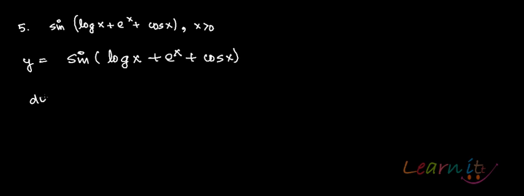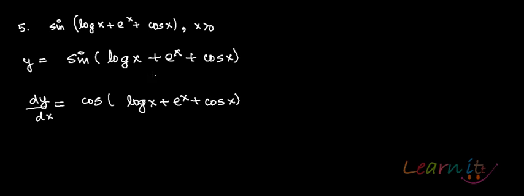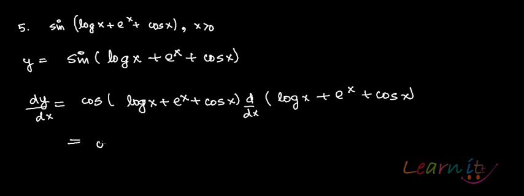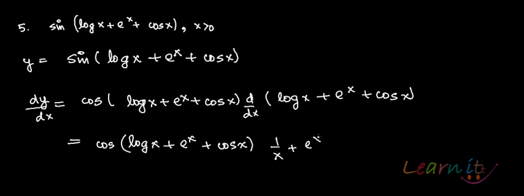Okay, so you can write dy by dx as derivative of sine, which is cos of all this, into derivative of this in the parenthesis, which is d by dx of log x plus e to the power x plus cos x, which is cos of log x plus e to the power x plus cos x into 1 upon x plus e to the power x minus sin x. This is what you have.